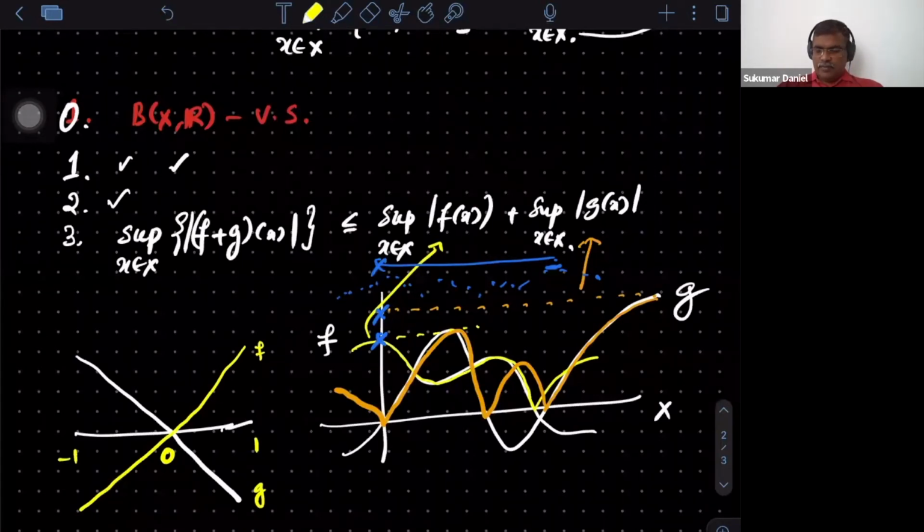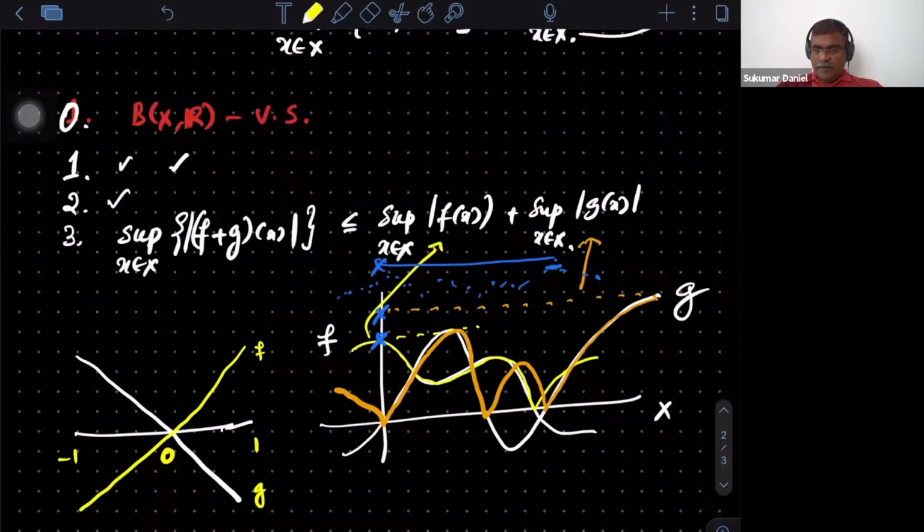Yes. So the maximum of f plus g is actually just 0. But the maximum of f, that means the supremum or the LUB of f inside the interval -1 to 1, is 1. And for g also it is 1. But if I take the sum, it can become just 0. So the supremum is some kind of height, a peak.